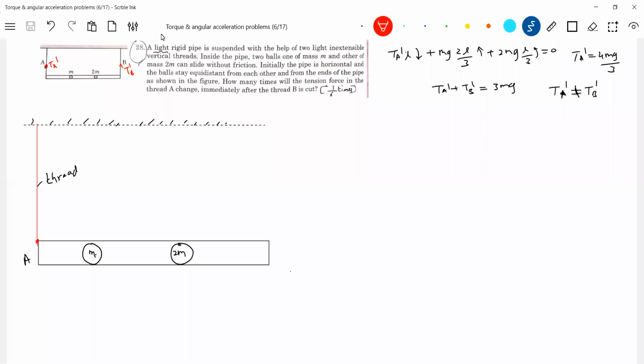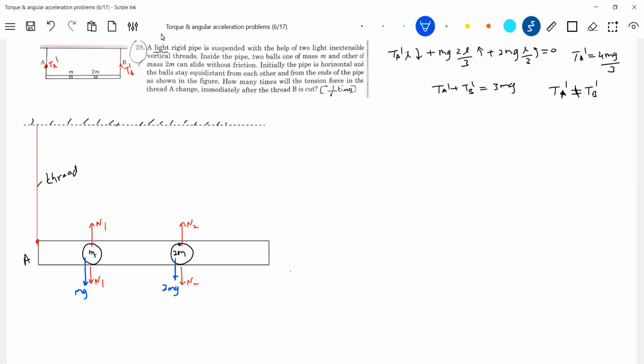The force on this ball is N1 and on the pipe N1 will be like this. The force here is N2 and on the pipe N2 like this. And the weight of the ball, mg, and the weight of the other ball, 2mg.